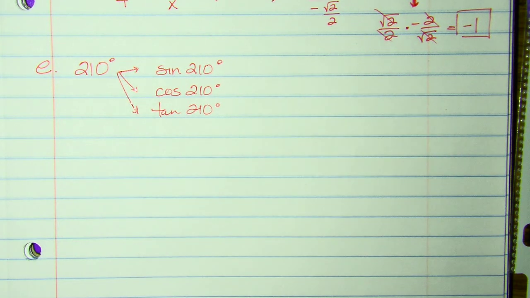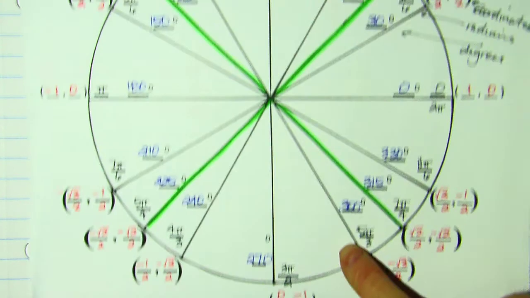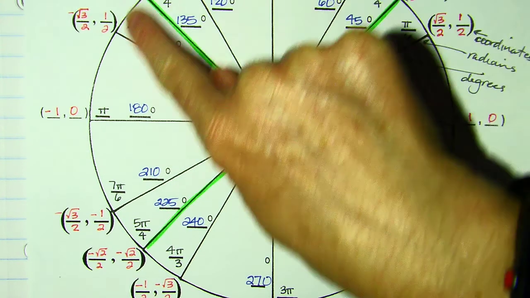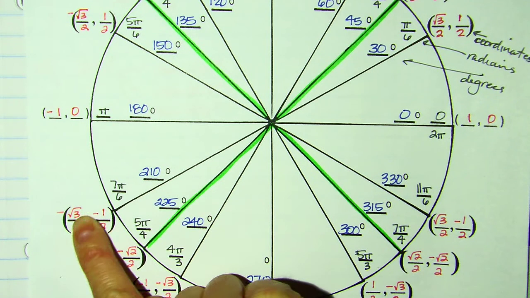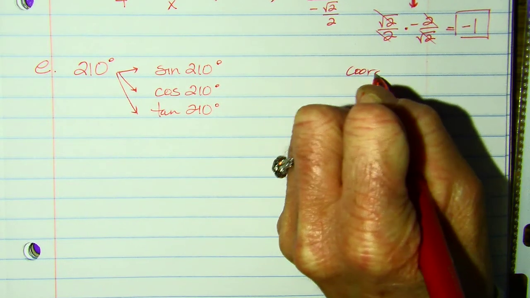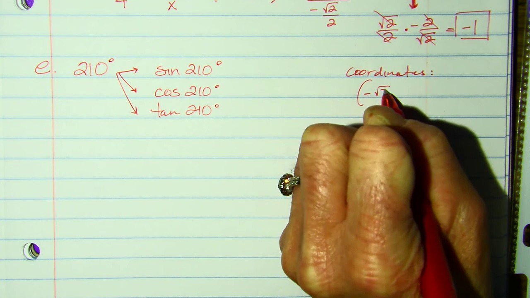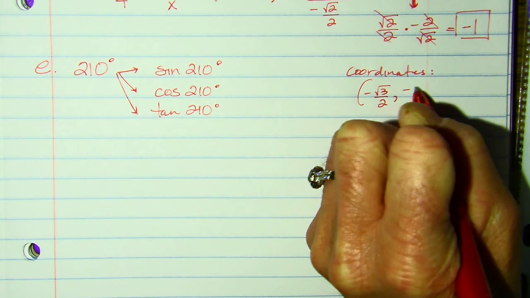So I'm looking for 210 degrees. So in blue, here's 210. I'm going to copy down the coordinates onto my paper. The coordinates are negative root 3 over 2 and negative 1 over 2.